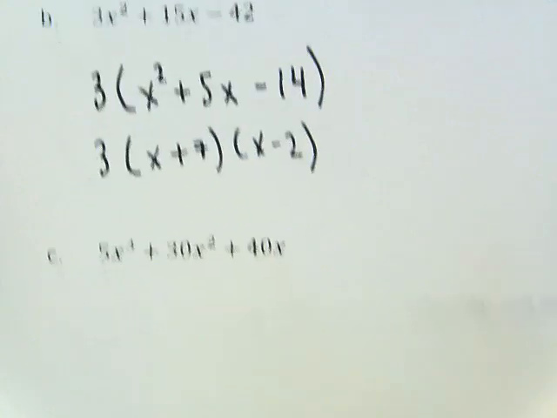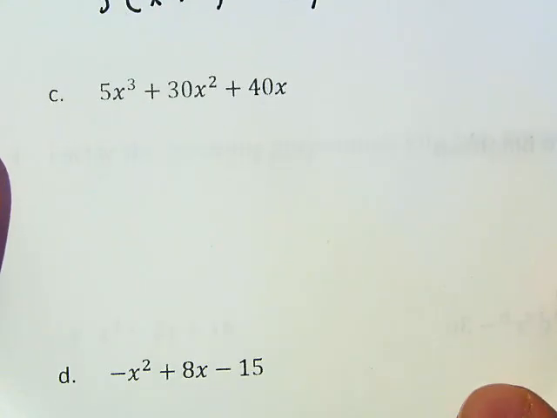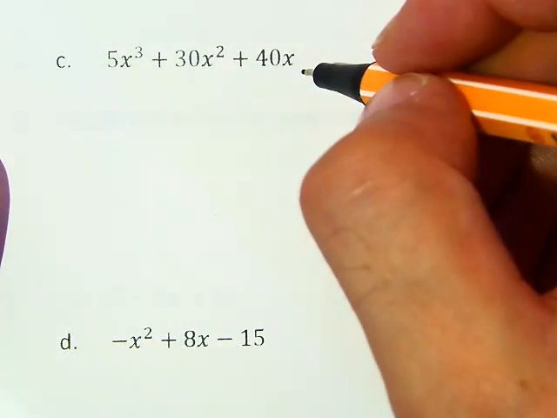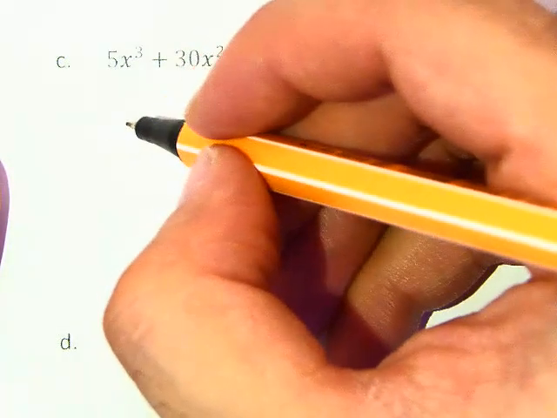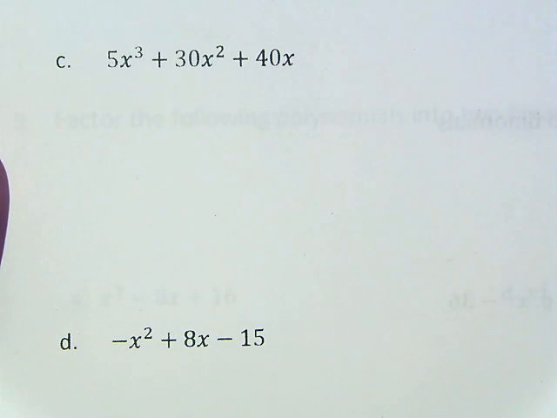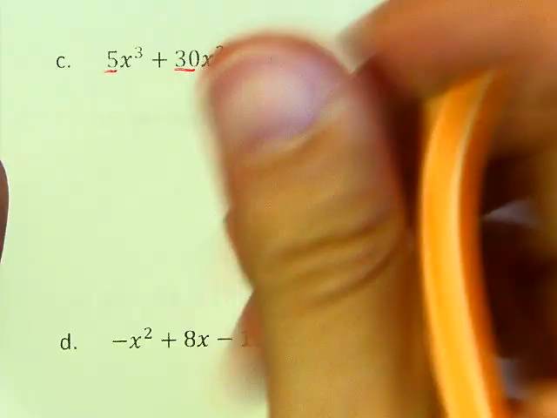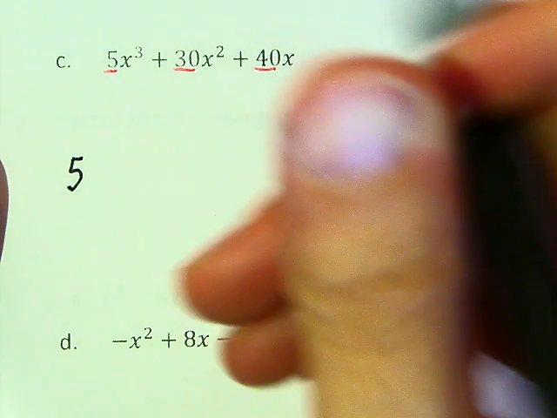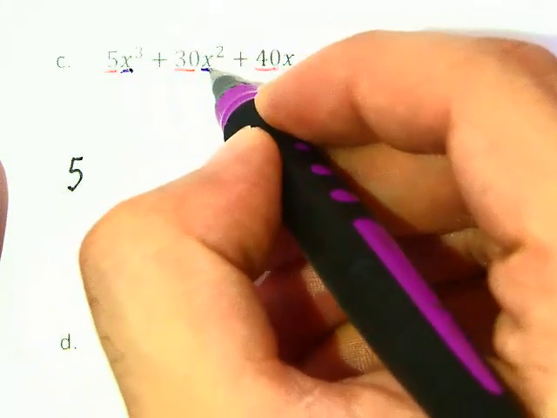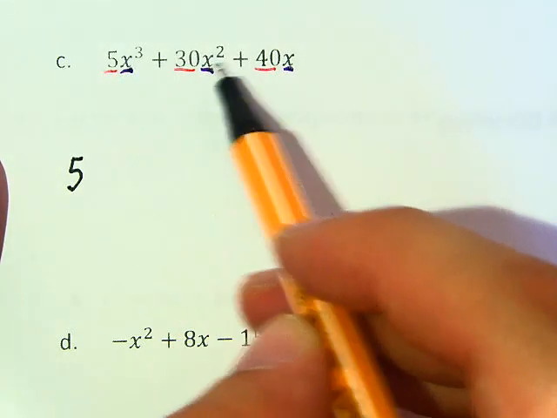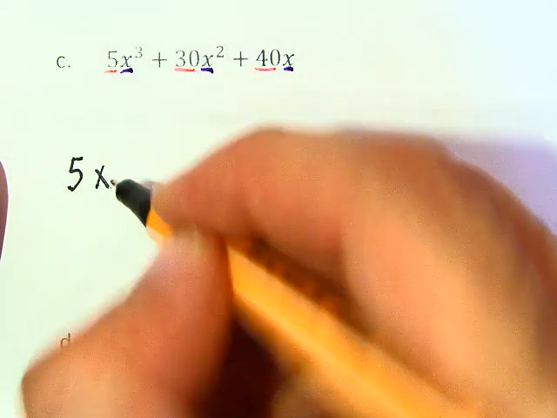Okay, try and do the next one by yourself. Here, for this one, notice what's the greatest common factor. If I look at the 5, the 30, and the 40, the greatest common factor of that is 5. And then what about the x cubed, x squared, and x? Remember that the greatest common factor of these 3 is just x, okay?